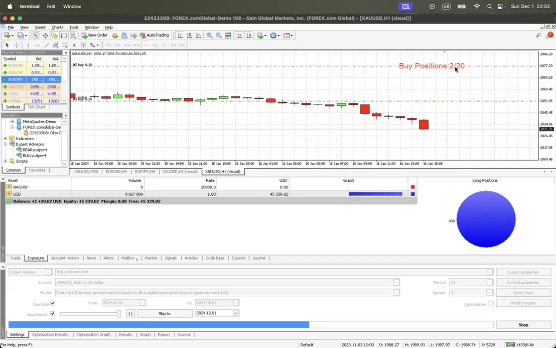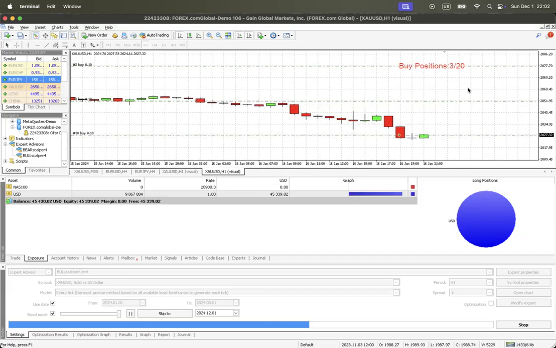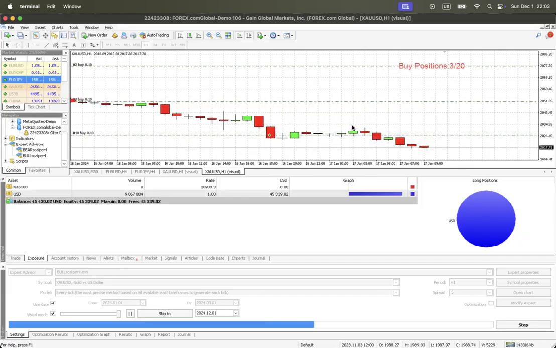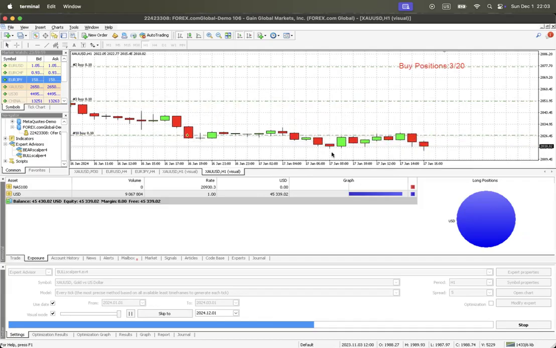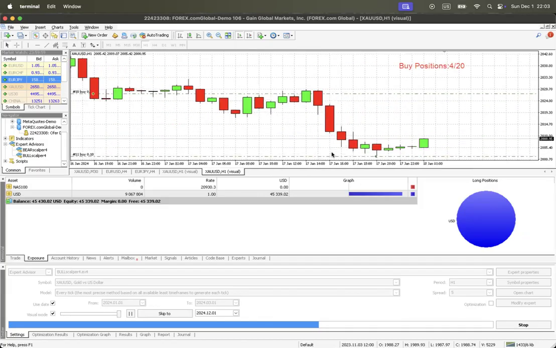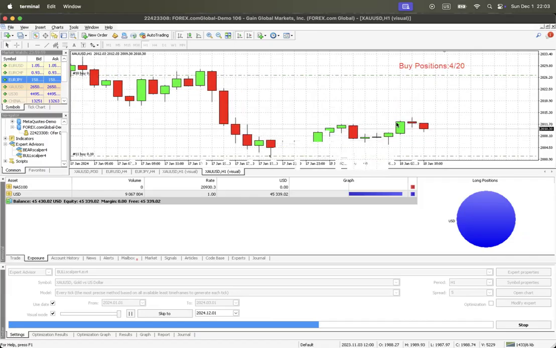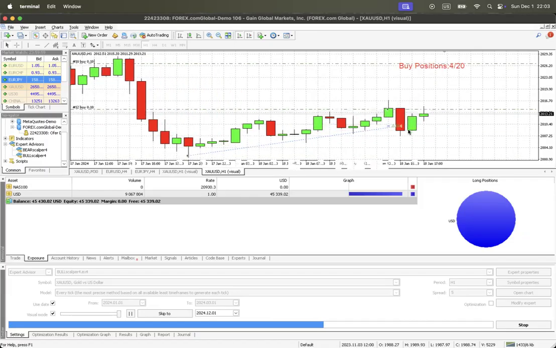So as you can see, we have the position counter on the chart, and we also get the history automatically uploaded on every tick. And we also have the profit.